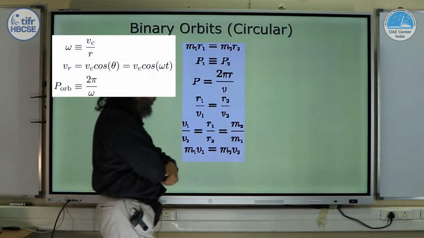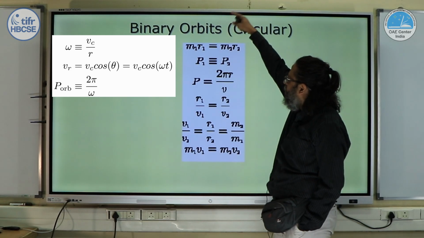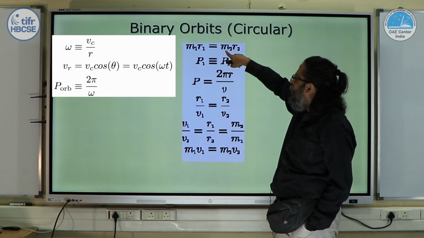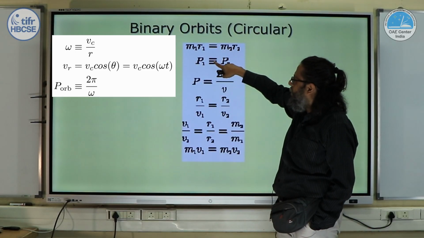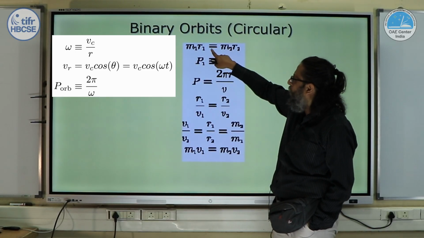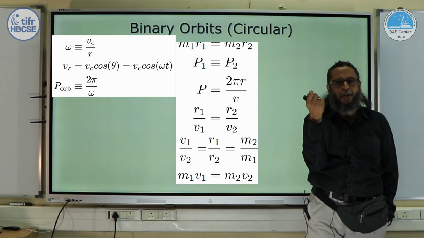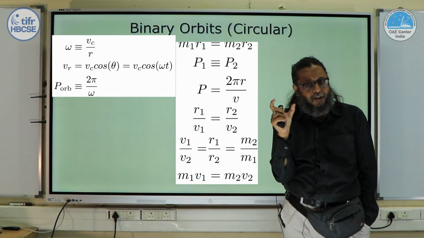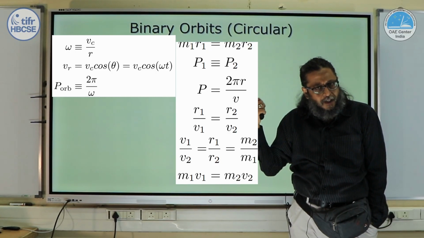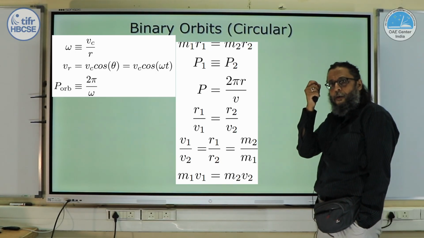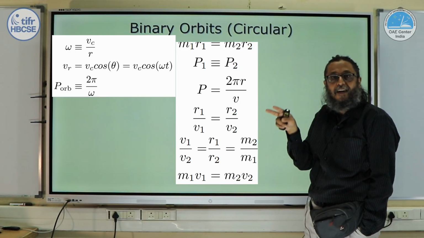From the center of mass, we should come to know that m1 r1 is equal to m2 r2. So from here immediately it will follow that P1 is equal to P2. Now what do you mean by 1 and 2? 1 and 2 are the two bodies which are gravitationally bound. We are talking about binary star systems, so they correspond to the physical parameters of the two independent stars.